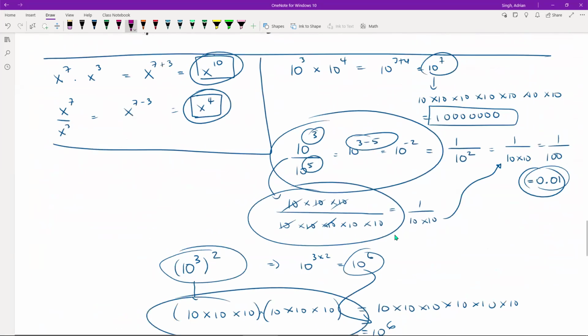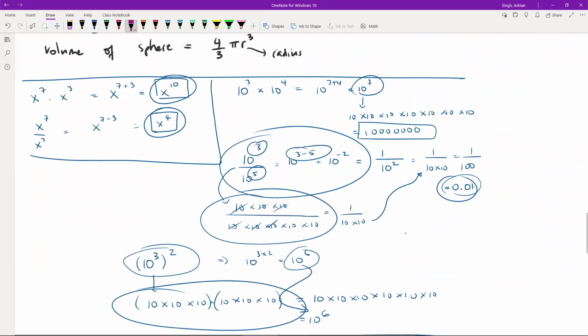So for example, if I had 49 raised to the power of half, right? And you'll come across that occasionally. So this here is the same as saying the square root of 49. And then in your calculator, you end up with 7, right?